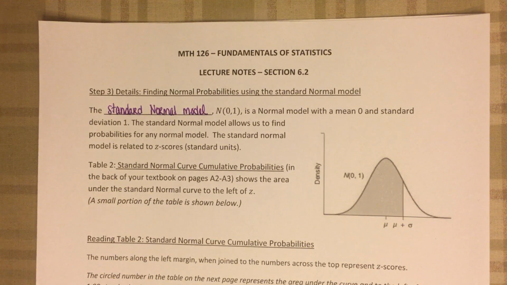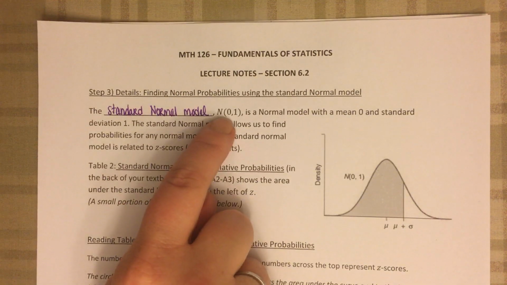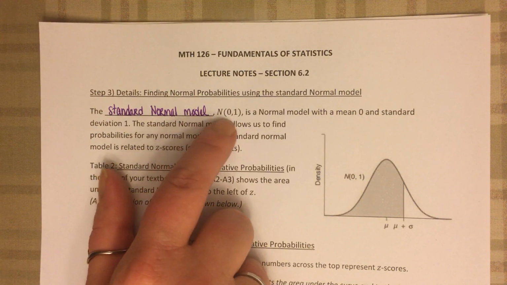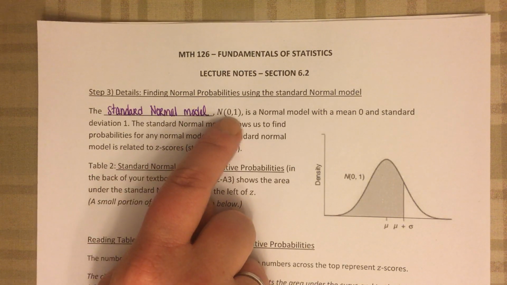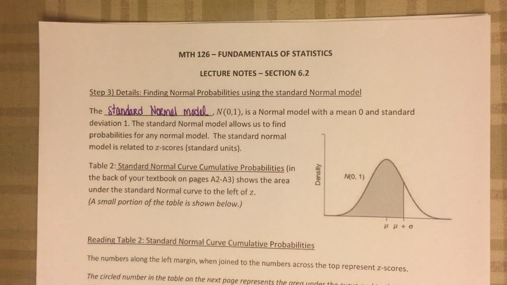But in our standard normal model, the word standard comes from a mean of 0 and a standard deviation of 1. What this means is our standard normal model perfectly matches up with our general picture for the empirical rule, right? Where we're moving to the left and right using a standard deviation of exactly 1.